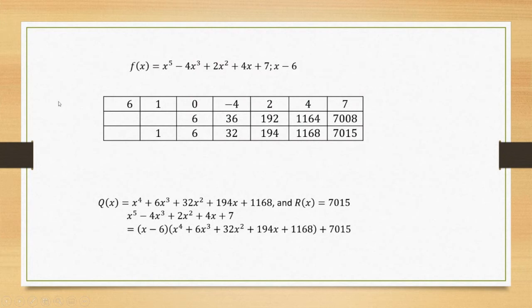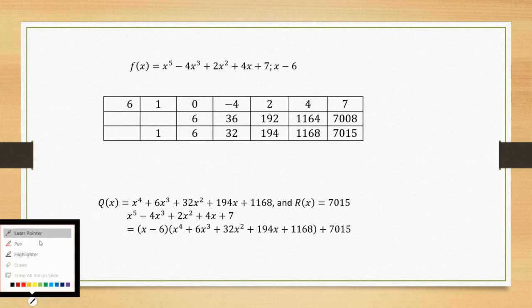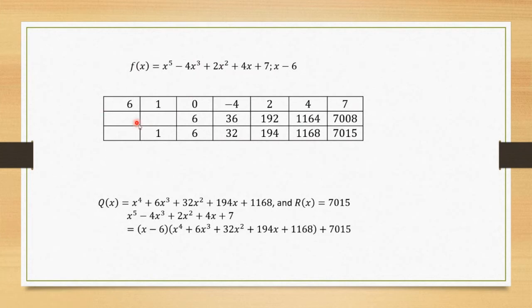And we're dividing by x minus 6. So this 1, I'm going to bring down. And we have 6 times 1, that's going to be 6. 0 plus 6 is 6. Then 6 times 6 is 36. 36 and negative 4, you just get 32.